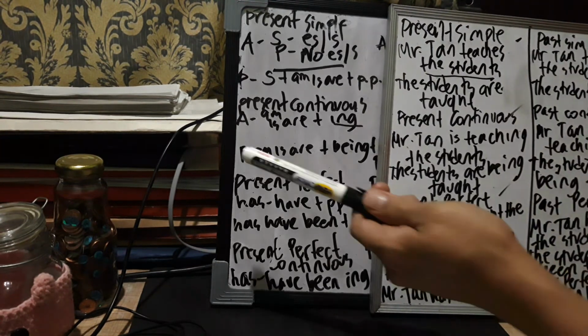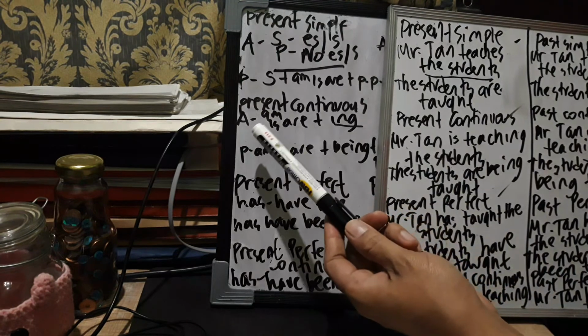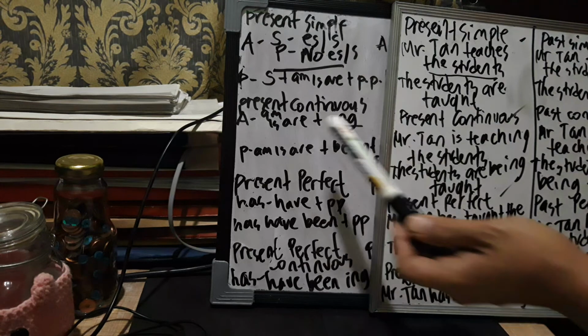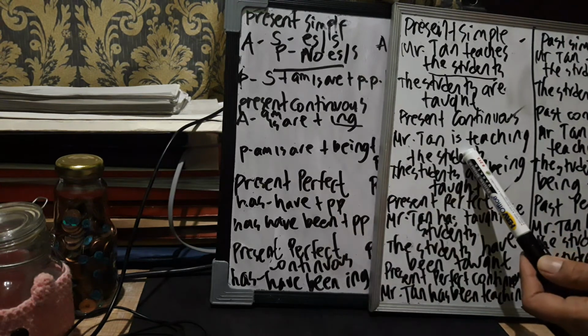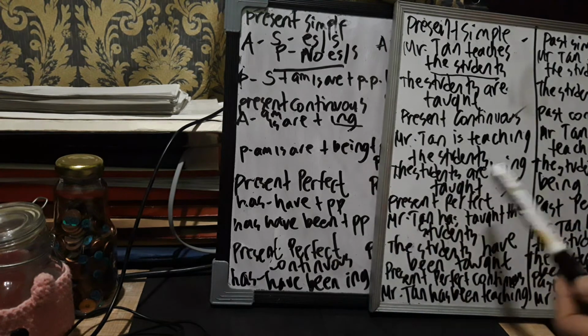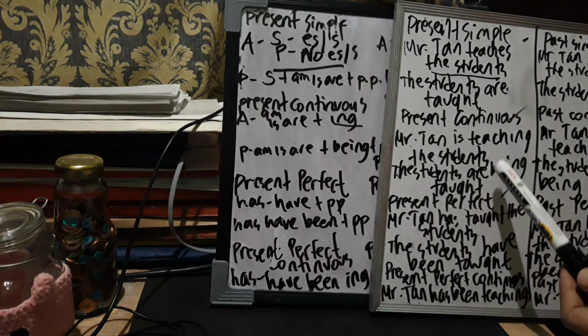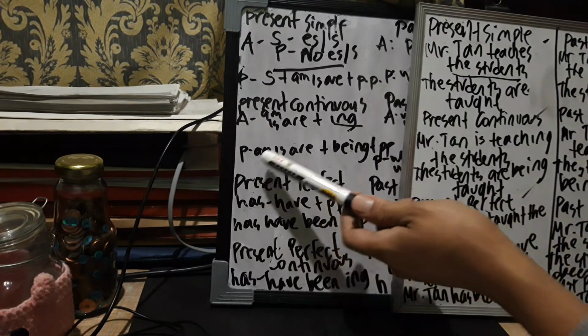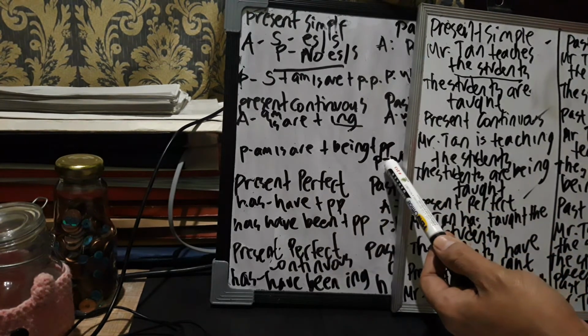Here, present continuous. What's the pattern? We have the subject plus am, is, or are plus the ing. So I put here Mr. Tan. Is it am, is, or are? It's is plus the ing form or the present participle form of the verb. I change it. Mr. Tan is teaching the students. Then again, I change it into passive. What's the pattern? Am, is, or are being plus what? Past participle.